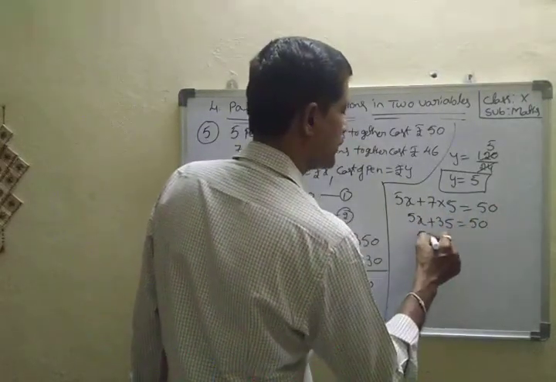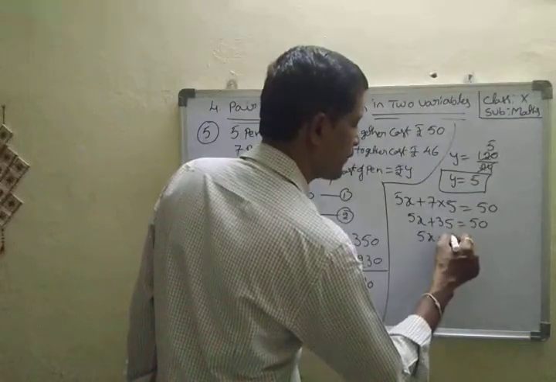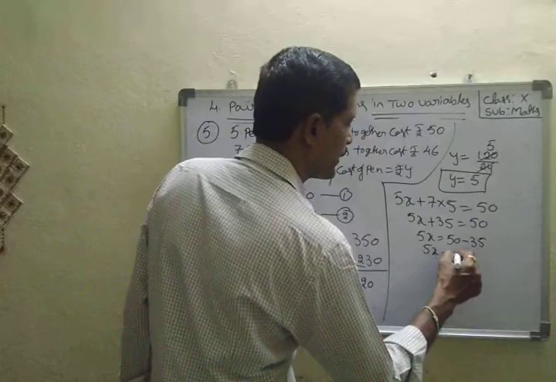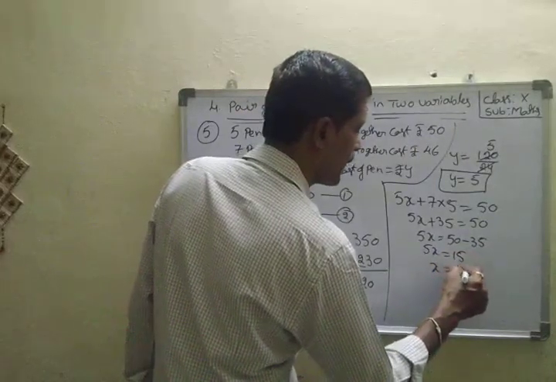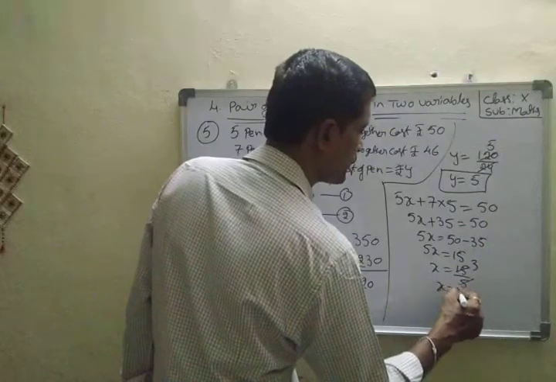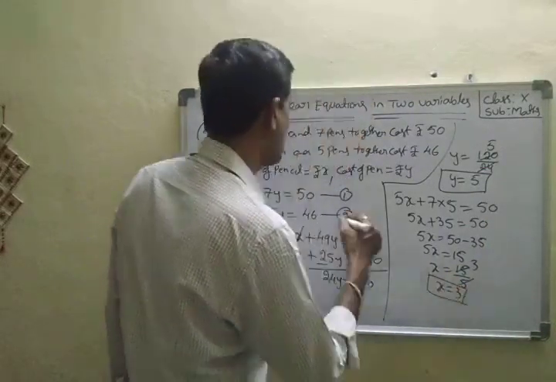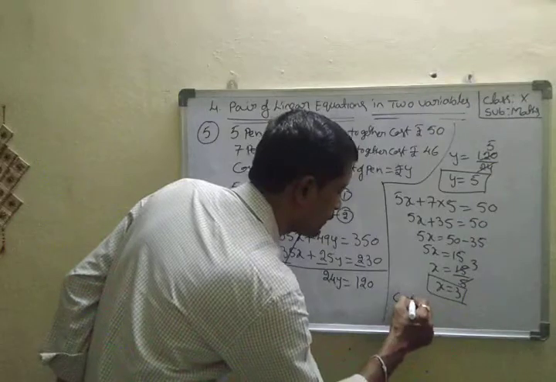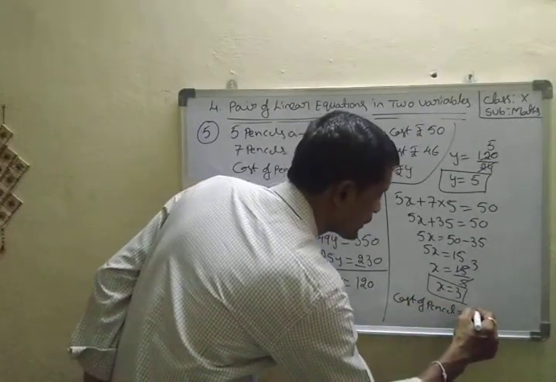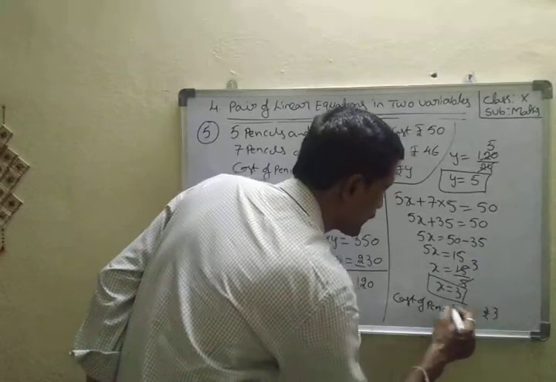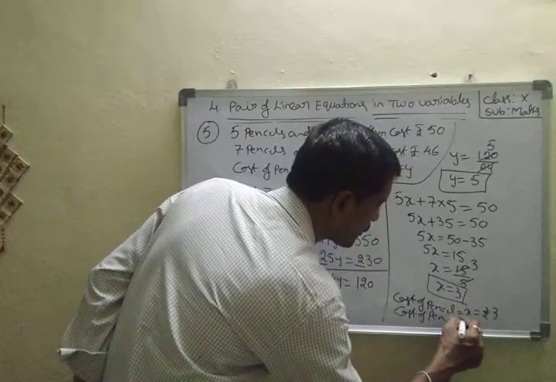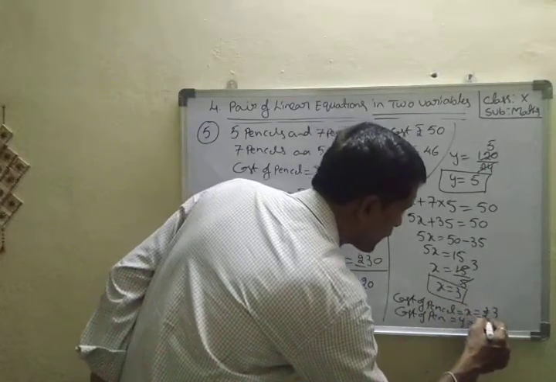Here 5x = 50 minus 35, that is 5x = 15, x = 15 by 5, therefore x = 3. So x means the cost of pencil. The cost of a pencil is x = 3 rupees, and the cost of a pen is y = 5 rupees.